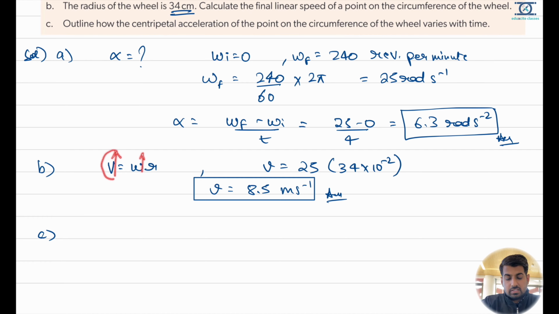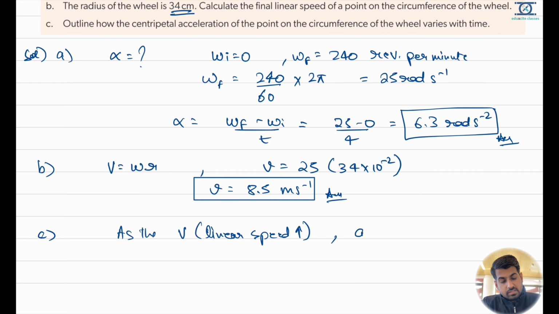Now as the linear speed v increases, your centripetal acceleration, which is v square by r, also increases. So I hope this is quite clear. So the centripetal acceleration will also increase with respect to time.